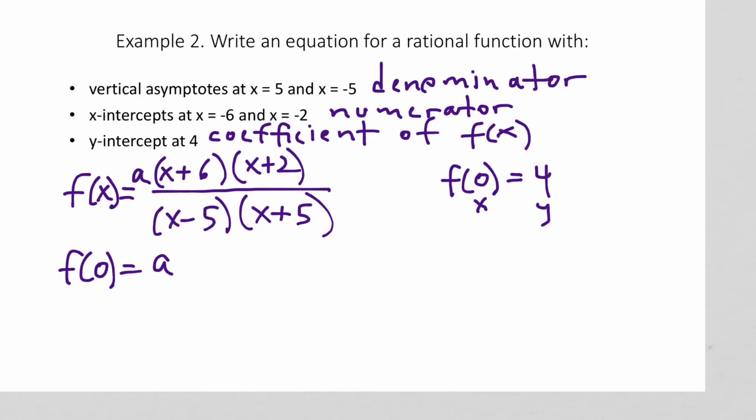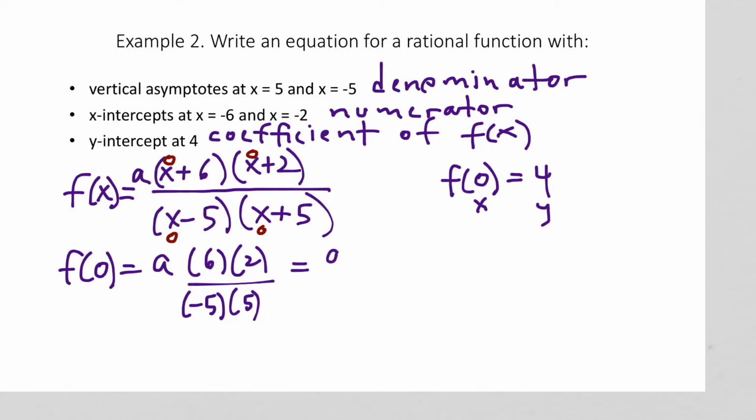Now, we can make this fairly straightforward if we realize that this is 0 here, here, here, and here. So what we have is a times 6 times 2 over -5 times +5.